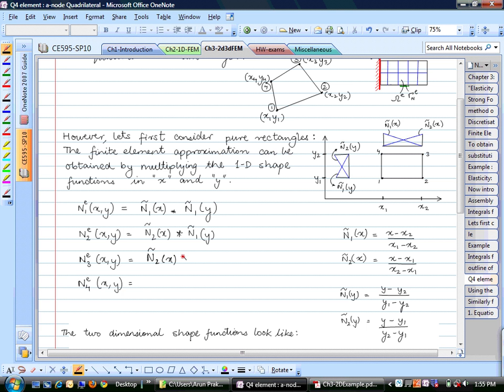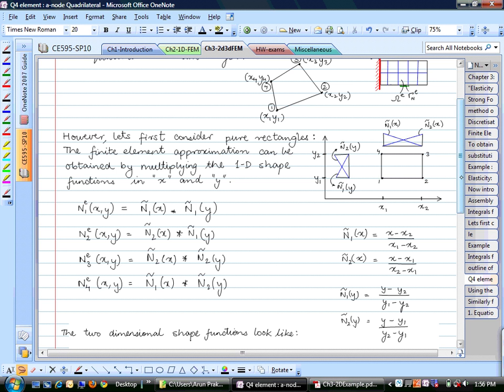Node 3 would be n2x times n2y, and node 4 would be n1x times n2y. And you can verify that each of these shape functions has the value 1 at their node and value 0 at every other node.